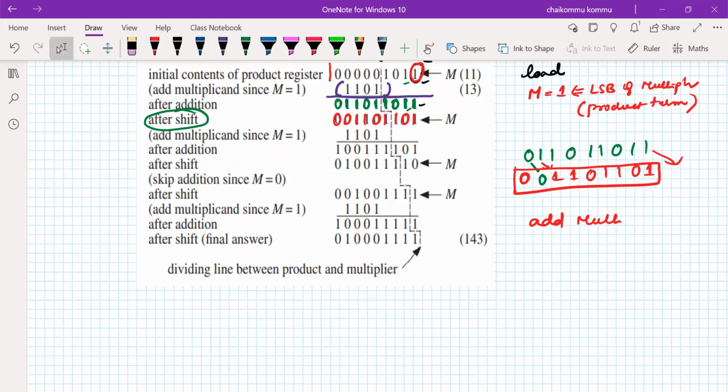not 1, we should not do it. As soon as the multiplicand is added, and we have to, the first step, second step, the third step.